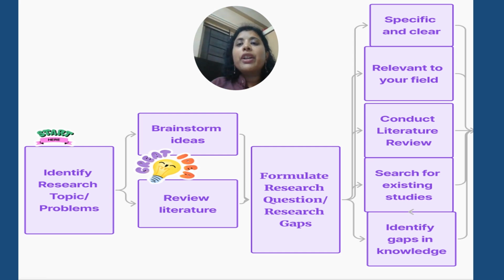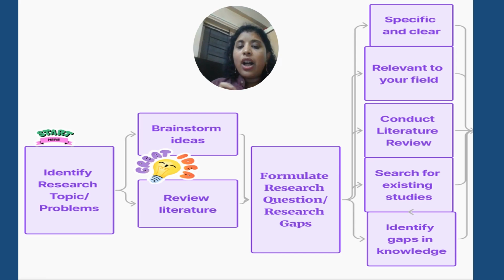So do a proper literature review, cite those authors' names, that this has not been done by them and you will be doing it. Then go for your own studies, whatever is available in your universities or in your labs, identify some gaps and bring them in as a major problem statement which you will be addressing. So that becomes the second part of your research process.